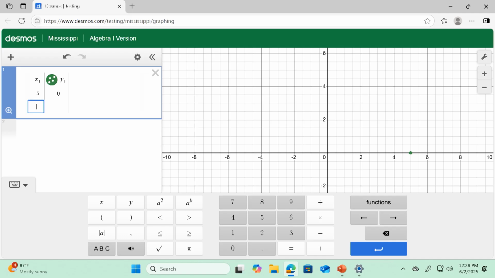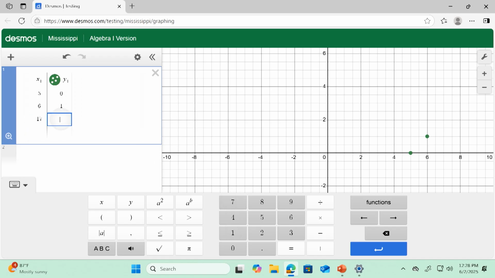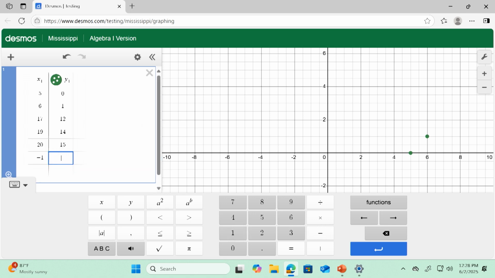Then I have 6 and 1. Then I had 17 and 12. I had 19 and 14. And I had 20 and 15. And just for the sake of argument, I'm going to put -1 and 6.